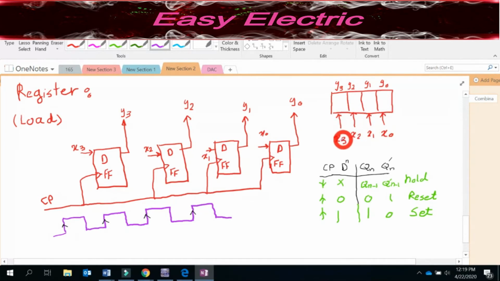So I put the 4 different values here. Whenever you are in these rising edges, it loads these 4 bits inside this register and is able to keep these until when? Until the next rising edge. Then in the next rising edge, again take a look here. Whatever you have inside this x3, x2, x1, x0, it goes and loads there, okay?